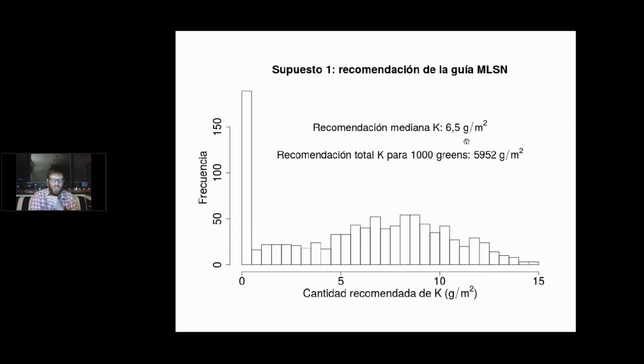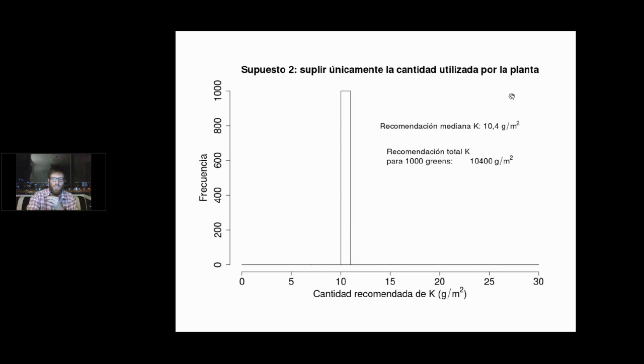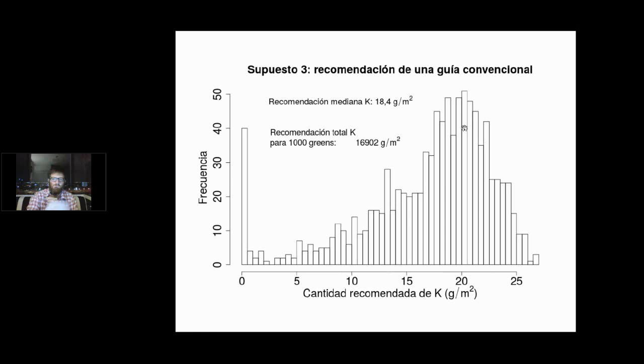This is the equation A plus B minus C. We're taking the value A, which is our estimate of how much the grass will use, the value B that we want to keep as a buffer in the soil, and we subtract from that the amount present, and we get this value. If we ignore the soil, we apply more fertilizer. Now the median value is 10.4, and if we use conventional methods, we have almost 3 times as much.